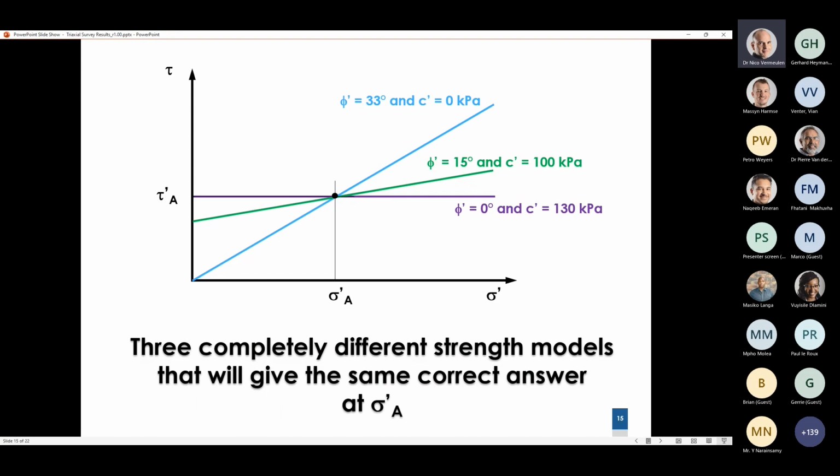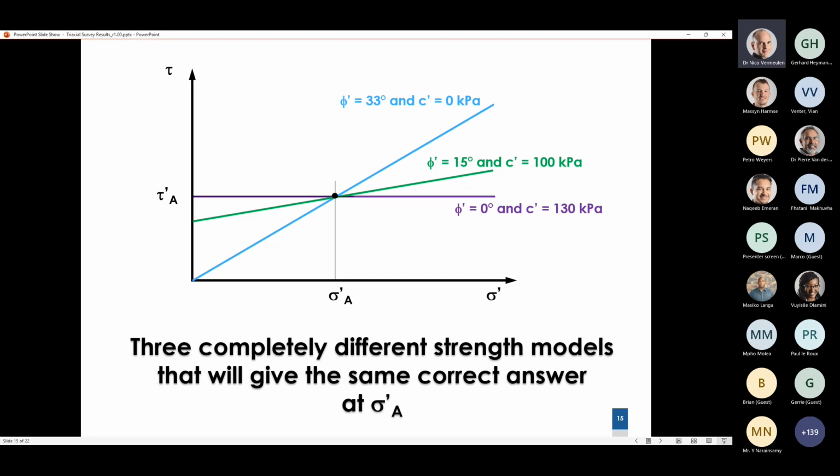And the best way for me to illustrate this is by a simplified graph like this. What I've plotted here are failure envelopes in stress space, normal stress versus shear stress. And the blue line there represents an interpretation that comes up with a soil strength parameter combination of friction angle and zero cohesion. The green line comes up with a lower friction angle and appreciable cohesion.